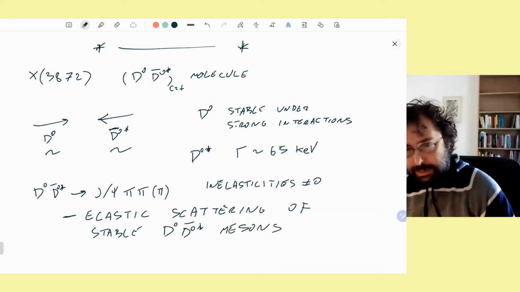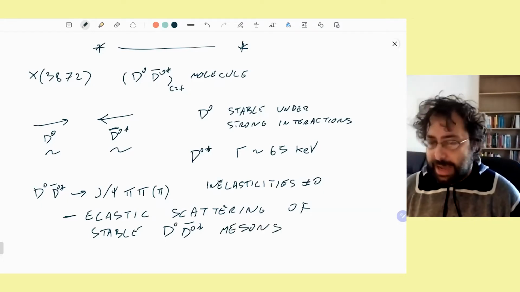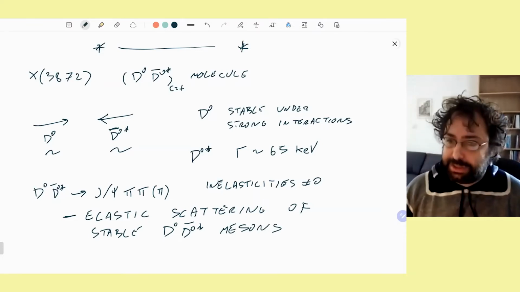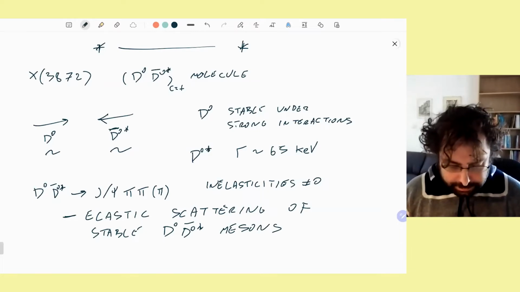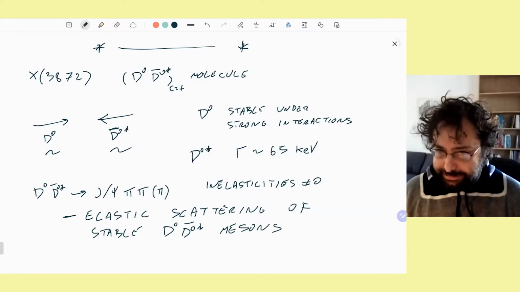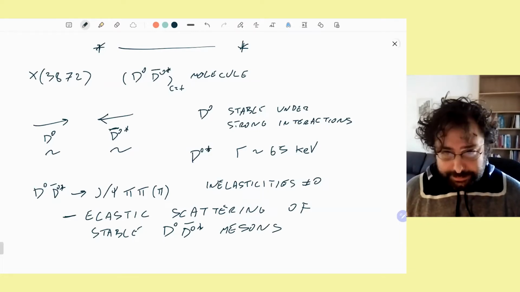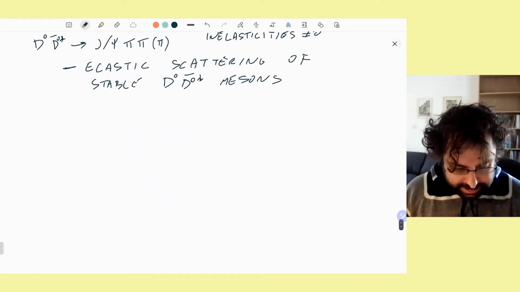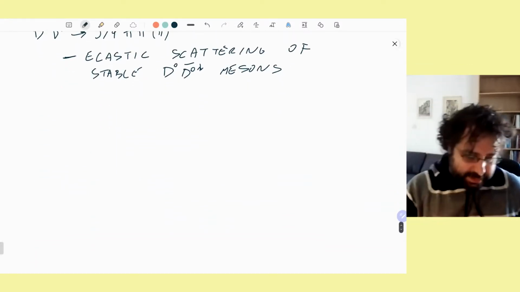Okay, which is an approximation, but a well-founded approximation. Then there are ways of, let's say, getting down from this approximation. Any questions so far? Okay, so let's keep talking about this.